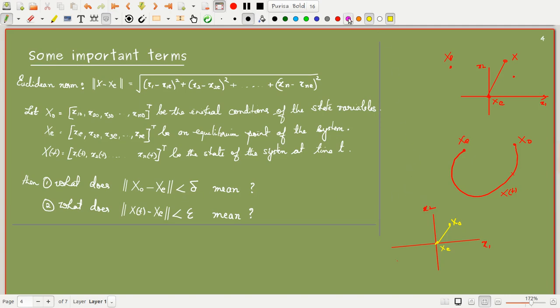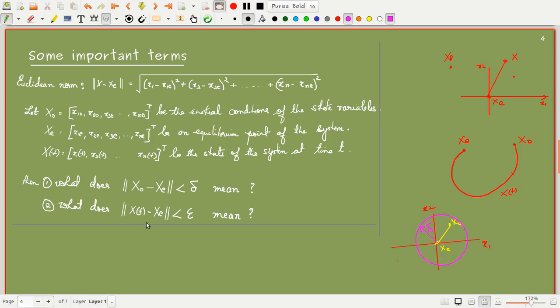If I draw a circle of radius delta, the distance x0 minus xe will be less than some radius delta.